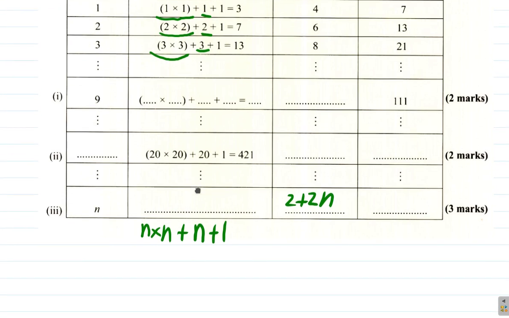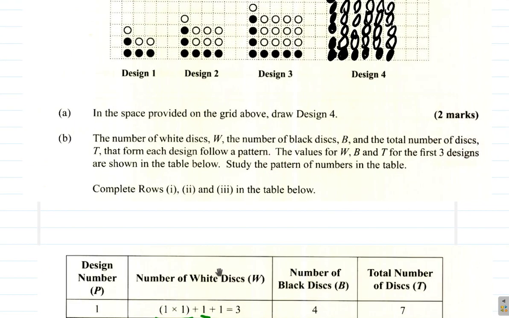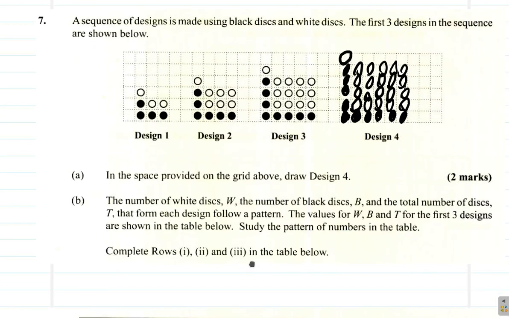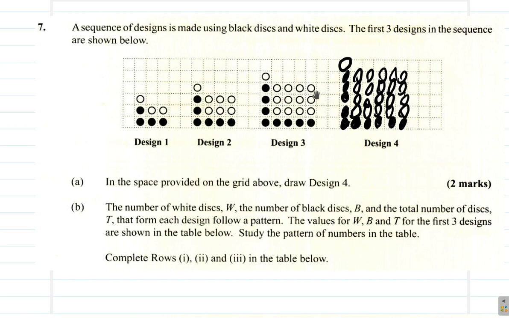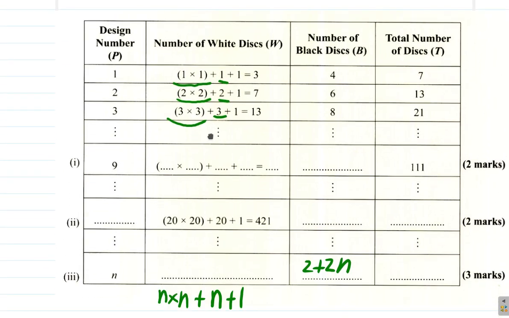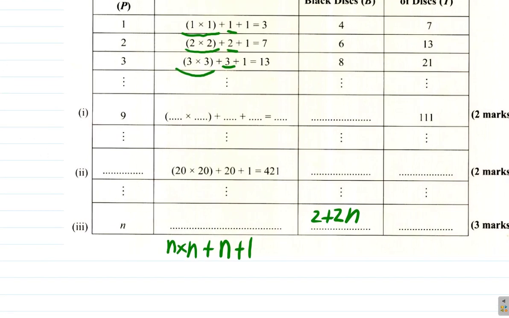Now, if we simplify this, and remember the number of white disks we already saw that is generated from these, we already examined the number of white disks in the design. Now, here, let us simplify this part of things. N times n is n squared plus n plus 1.